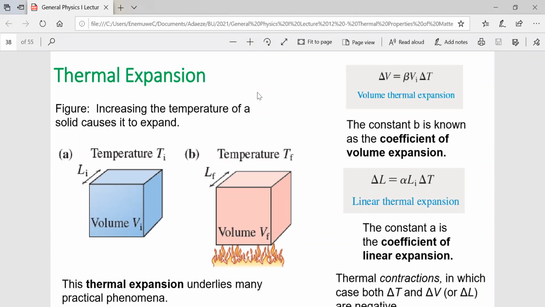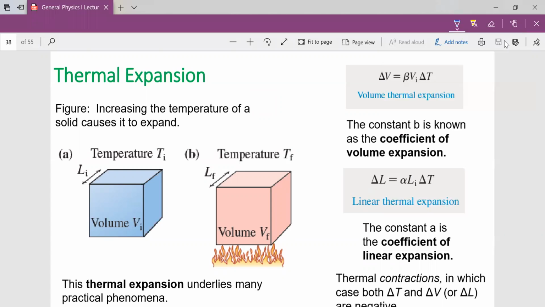So let's look at the figure before us, just one example. All right. We'll see the box. Let's assume this box to be a solid. We see the box at the initial state when it was cool.